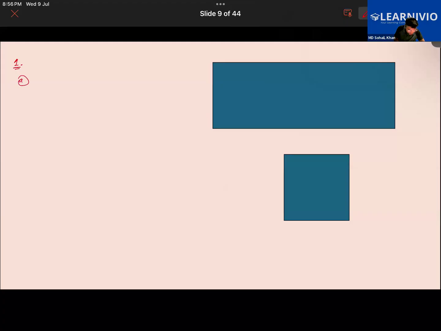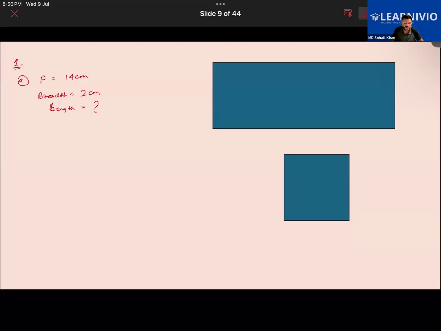A, perimeter of rectangle is given as 14 centimeter. Then breadth is given as how much? 2 centimeter. Hold on, just 1 minute. Length is not given there. We need to find the length for question number A. I got 56, sir.